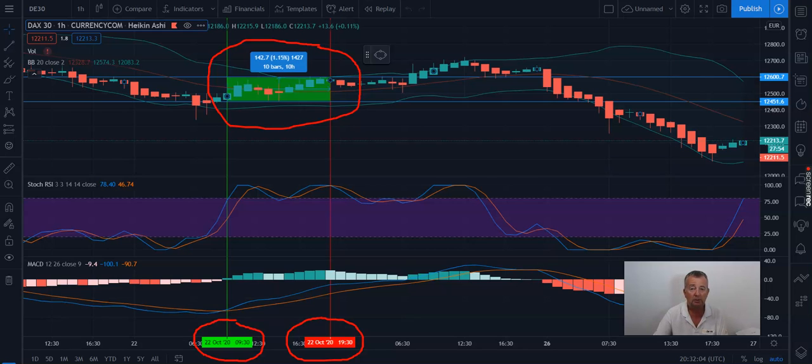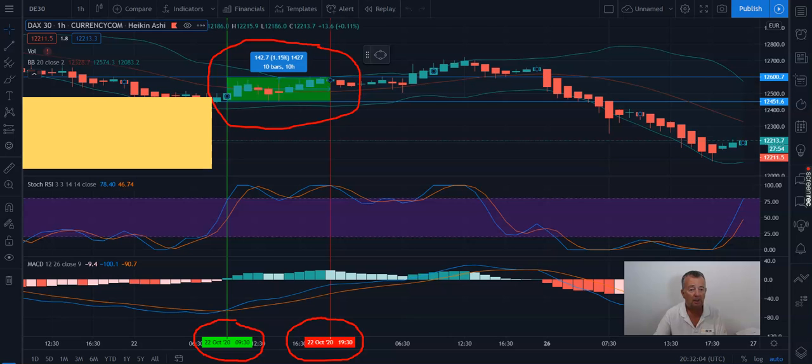Now, I'm just going to type on the screen here what that really means in terms of profit. 142 points equals approximately a 14.2% capital growth.